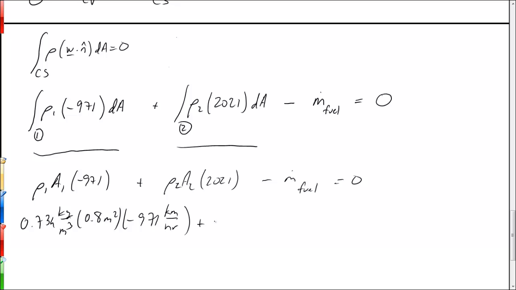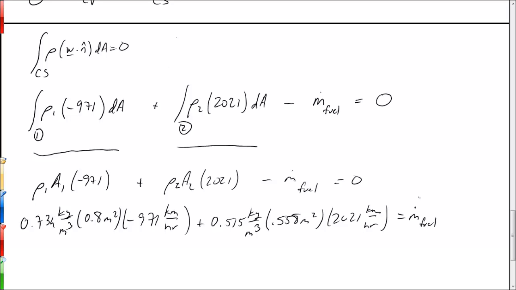We get rho 2, which is 0.515 kilograms per cubic meter, times 0.558 meters squared, times 2021 kilometers per hour, and all of that is equal to m dot fuel, because we'll just take that to the other side of the equation there.